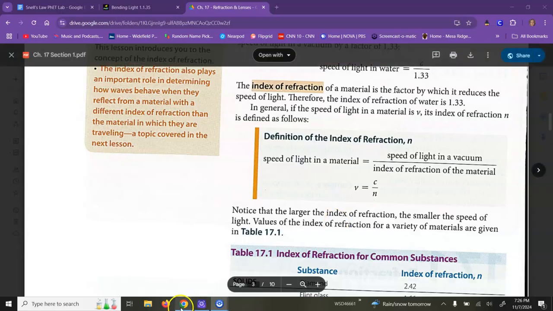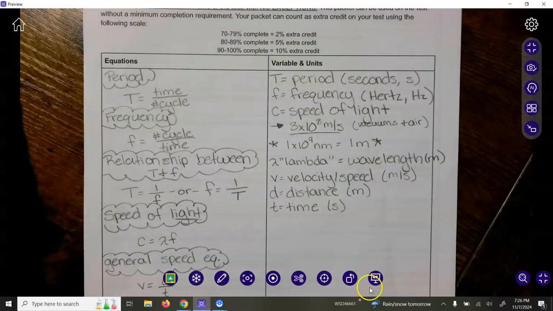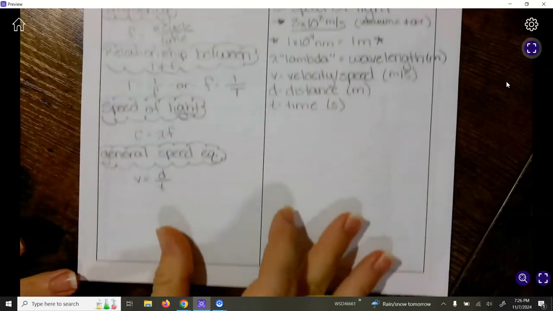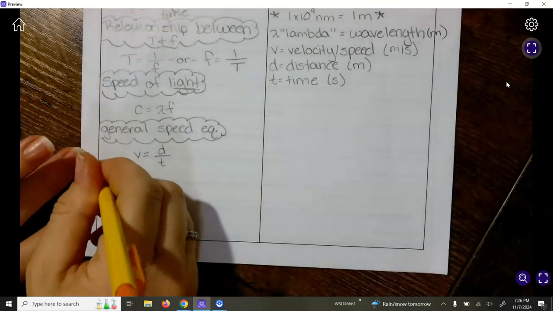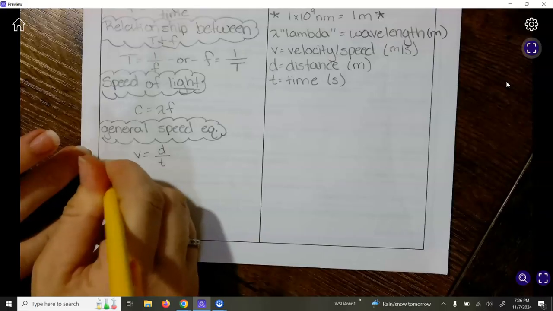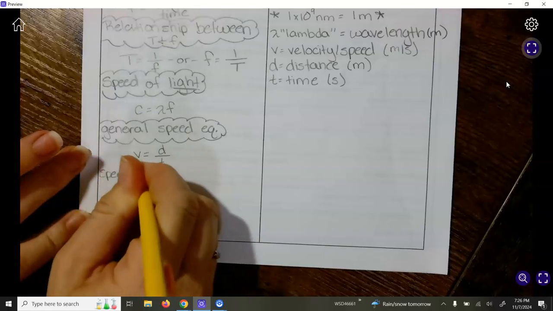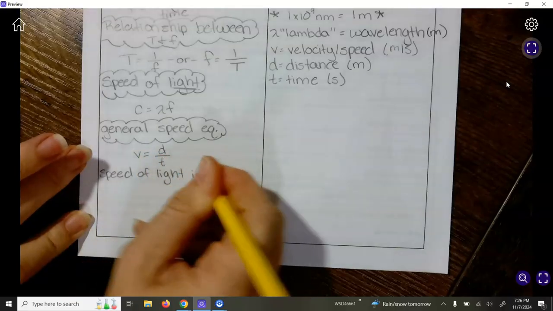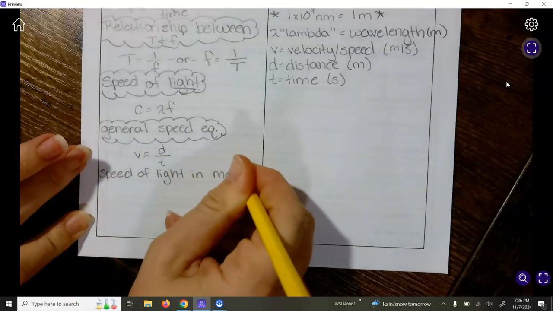So let's go ahead and write this down in our packet right here. Let me get rid of this stuff so it's out of the way. There we go. Okay, so at the bottom of our packet, we have room for two more. We're going to do speed of light in materials.